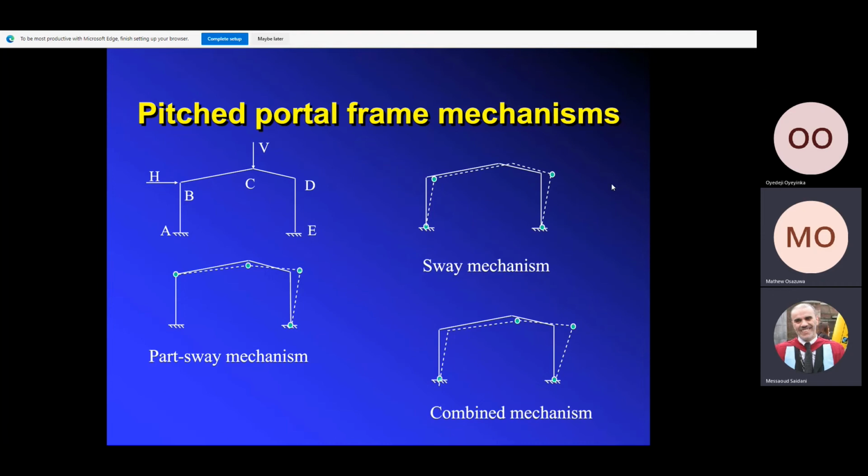For the two columns here. If it's symmetrical, the vertical load. It should be the same vertical load.